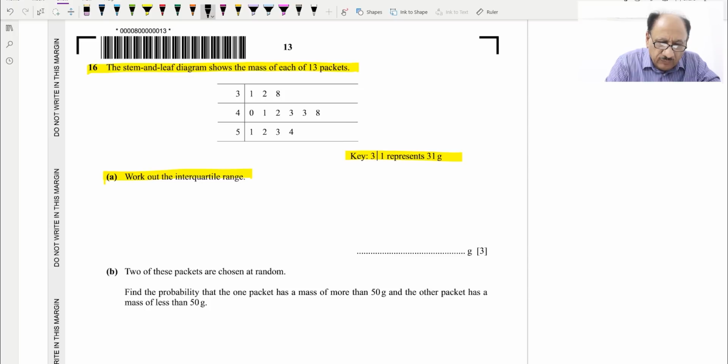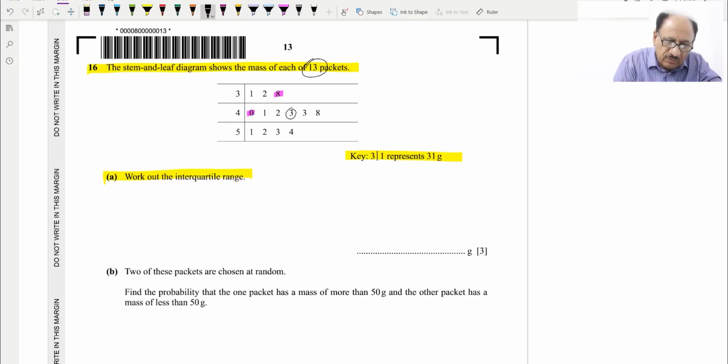So these are 13 values, so the middle one will be the 1 2 3 4 5 6 7th value, so this will be the median. Then we will be taking the 2 values in the middle, this one and this one, because there are 6 values in total, so we are taking the middle 2.